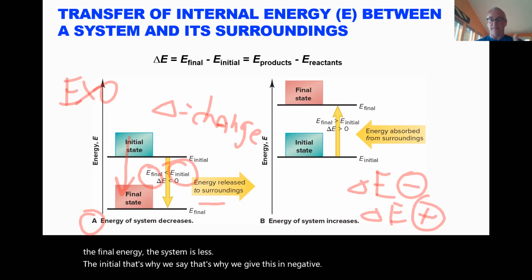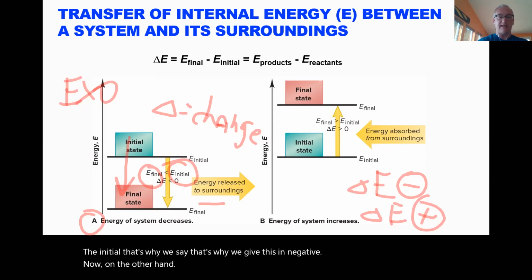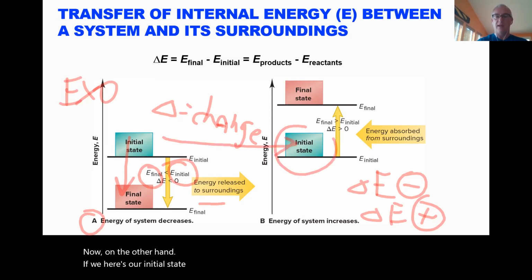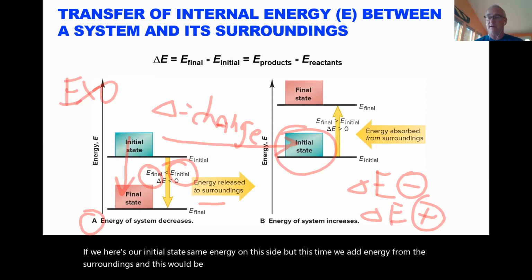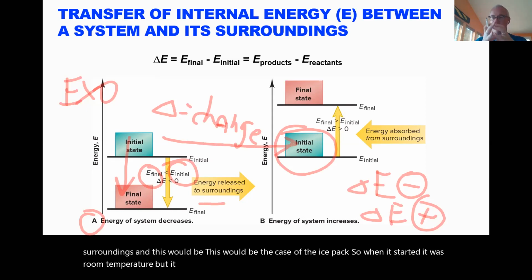Now, on the other hand, here's our initial state, same energy on this side, but this time we add energy from the surroundings. And this would be the case of the ice pack. So when it started, it was room temperature, but it removed energy from the surroundings, from your leg or your arm or your shoulder, wherever you hurt yourself.